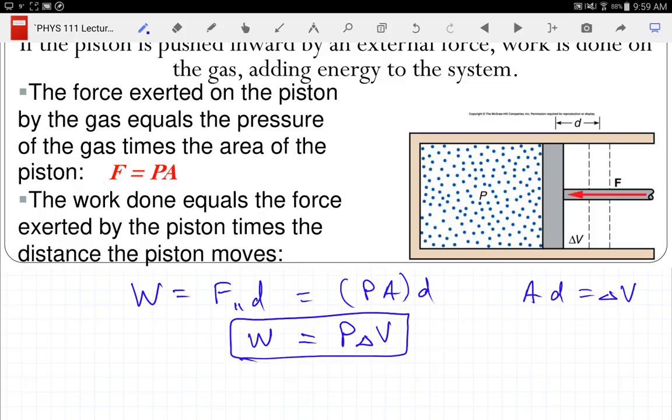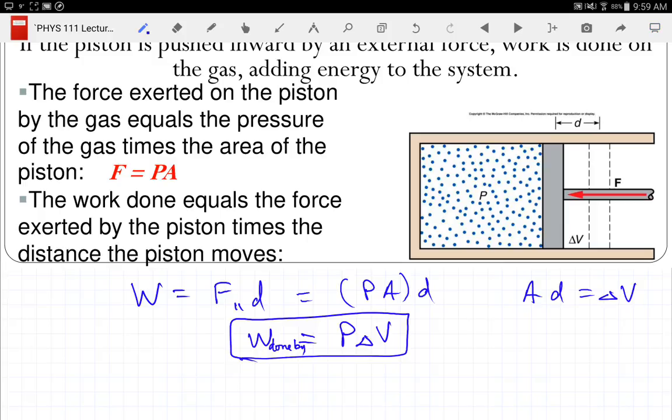So that means that for a negative change in volume, the work done on the system is positive, the work done by the system is negative. So we usually define this as the work done by the system, and then we leave with all positive signs. So if it expands, the work done by the system is positive. If it contracts, the work done by the system is negative.